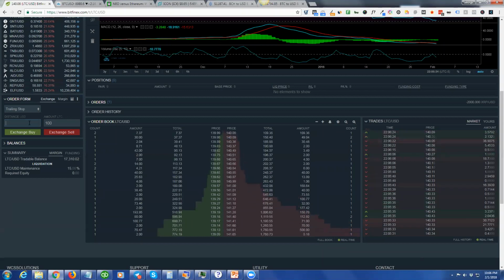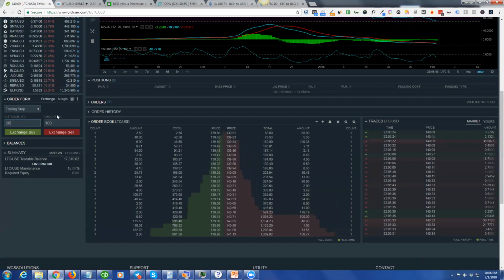So you can say, as the price goes up, I want to be $20 away from it. So if the price is $100 for one Bitcoin, then it would stop me out if the price came down to $80. If the price went up to 120, then my stop would also move up, so it's still only $20 away. So my stop would move from 80 to 100. With a trailing stop, it follows it up as the price goes up.